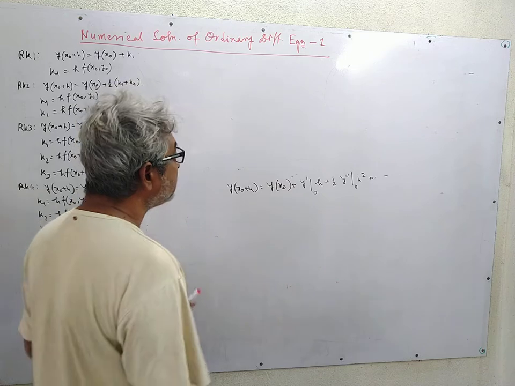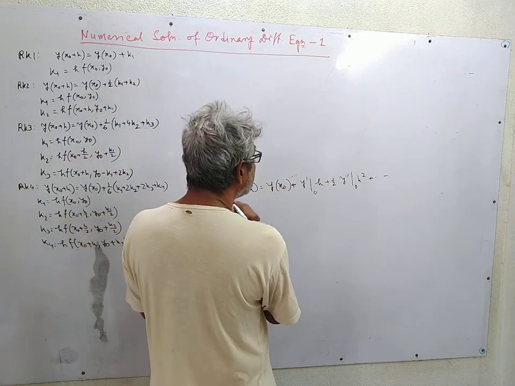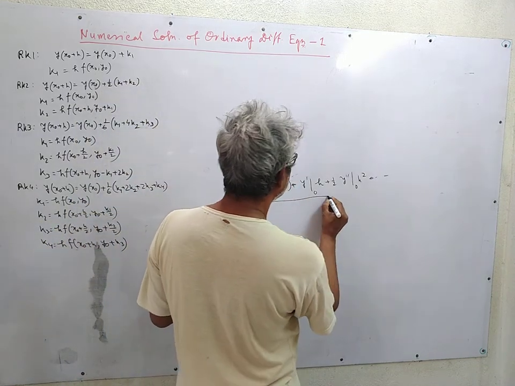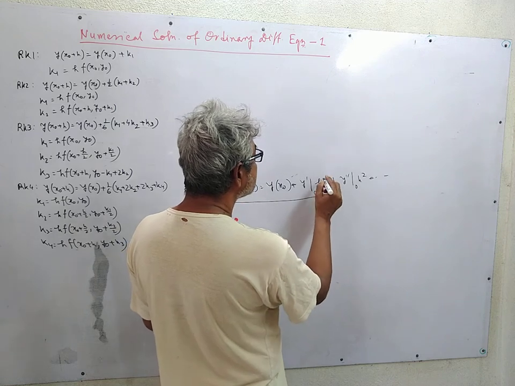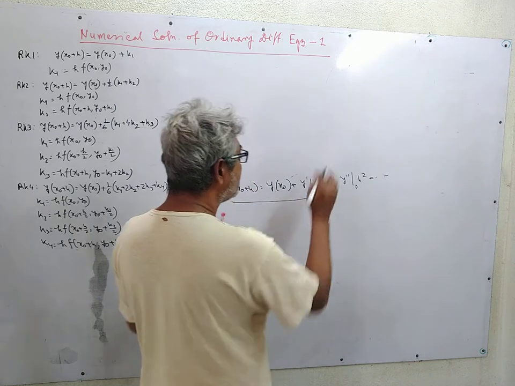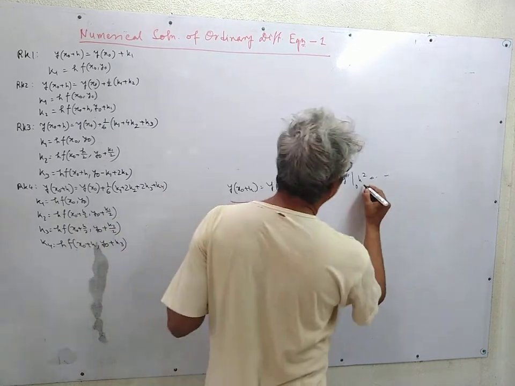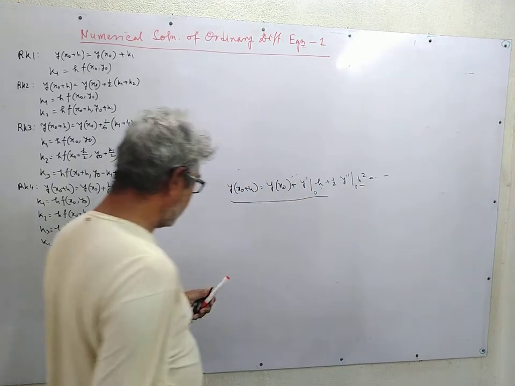The Euler method considers the first terms, up to h to the power 1, and ignores h square and other higher order terms.